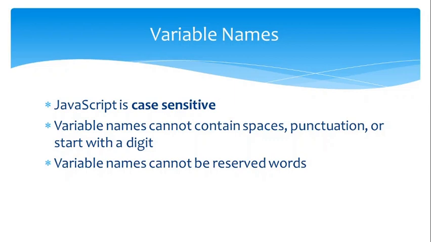Okay, next, a variable name cannot contain space, punctuation, or start with a digit. These are conditions, or we can say rules. Your variable should not contain any spaces and should not have punctuation like an exclamation mark, at the rate, or something like this.